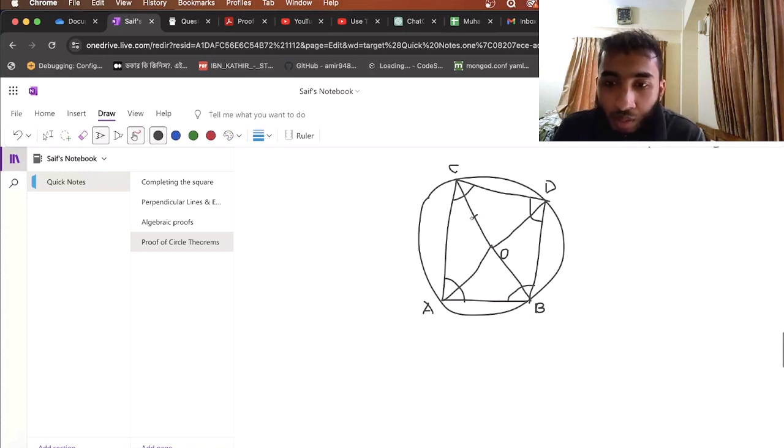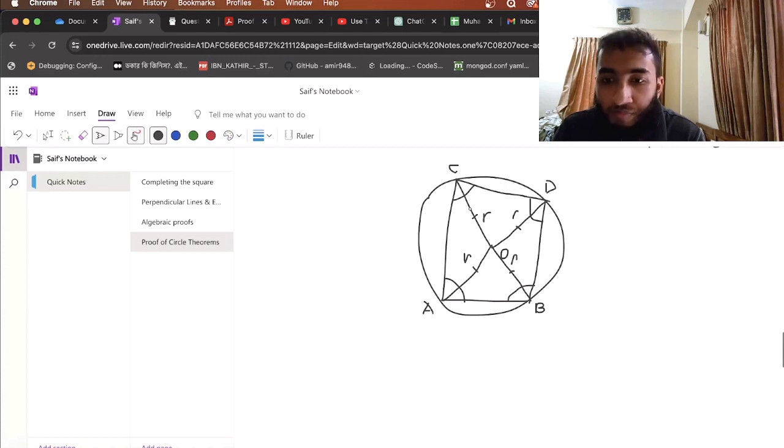As you can see, OC is a radius, OD is a radius, OB is a radius, and OA is also a radius.